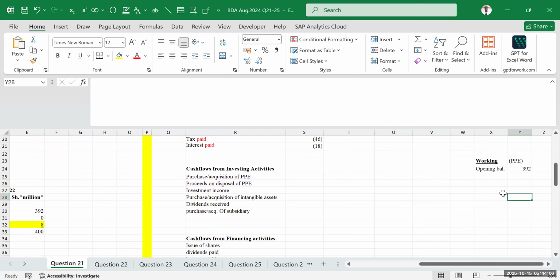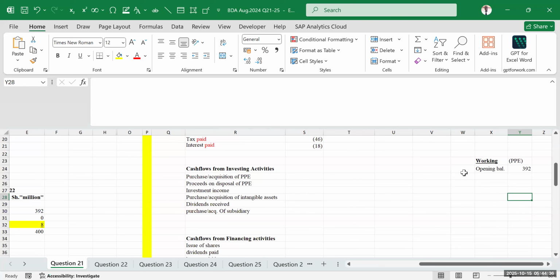What affects PPE? I think we had explained it in the previous question we did. PPE is affected by any purchase or addition of any PPE element; revaluation gain, if there is one, on a PPE element; disposal of any element or any part of PPE; and depreciation also affects PPE.